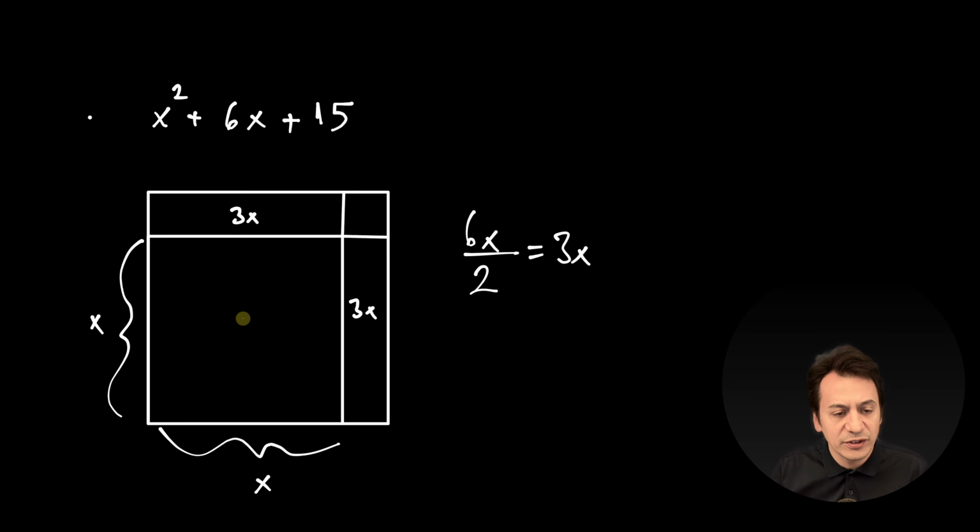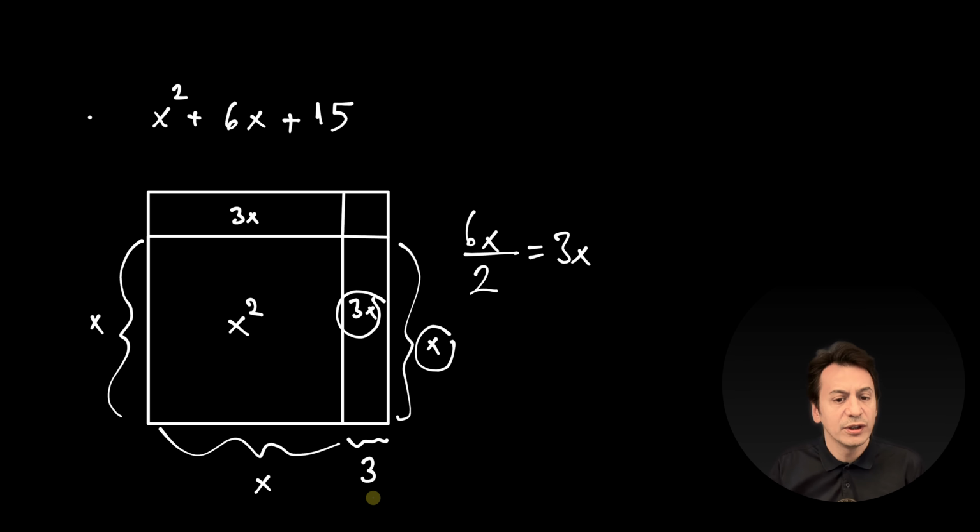And the area of this square is x squared. In order to complete the square, I can find the area of this small square. Since this side length is x, I can find this by dividing the area by the longer side and find the shorter side, which is 3.